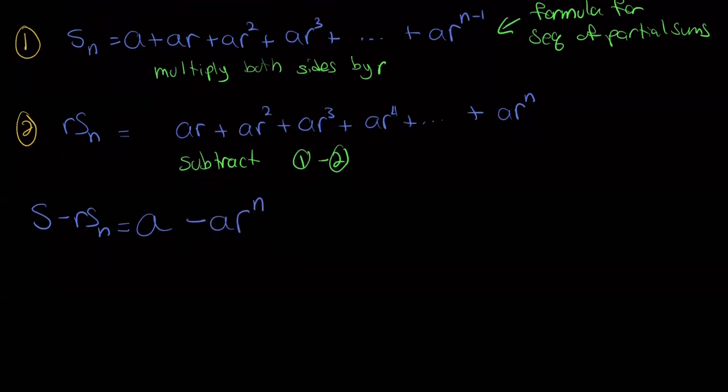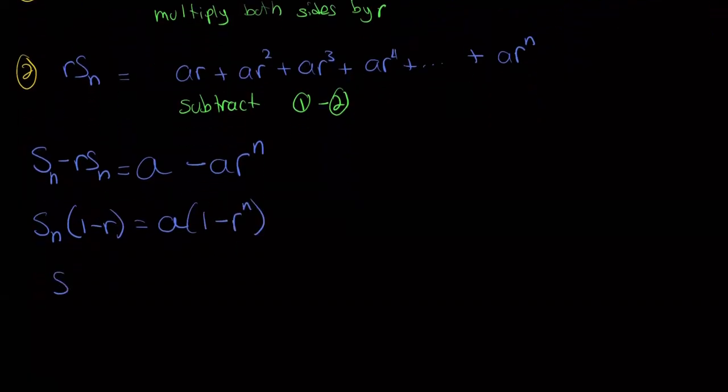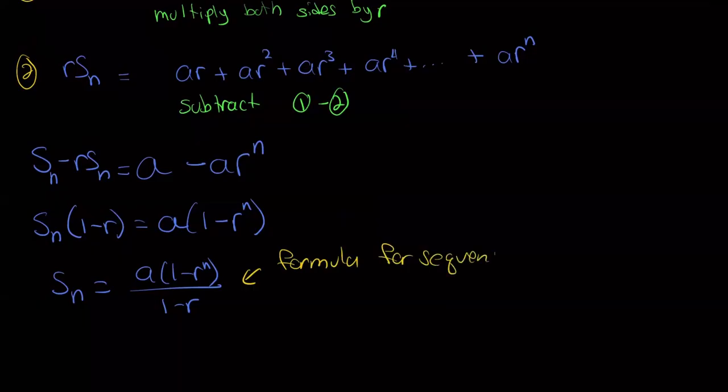Cool, and then I'm going to factor and see what happens here. On the left side, there is an S sub n in common. On the right side, there is an a in common. And now I have the simplified version of my formula for the sequence of partial sums.